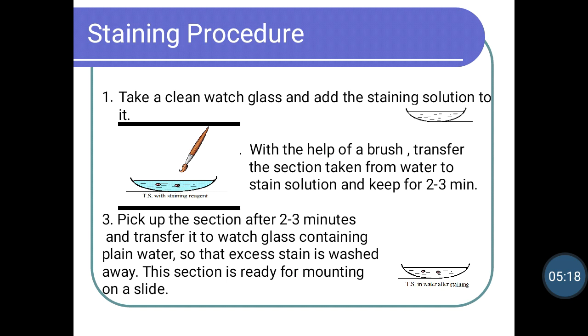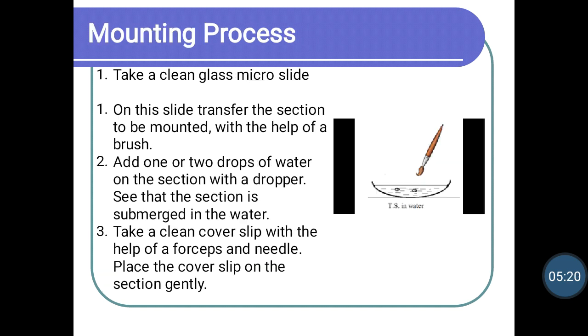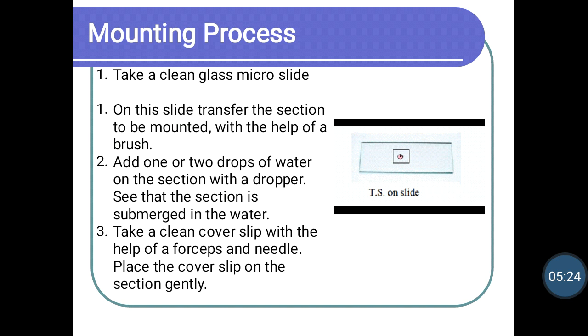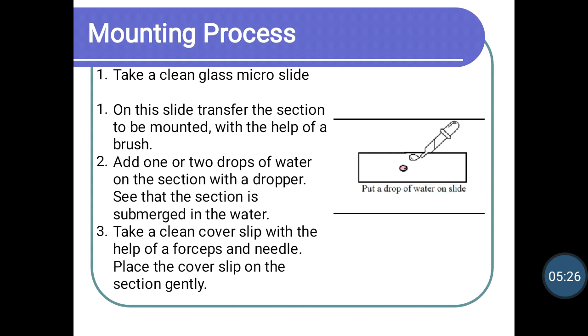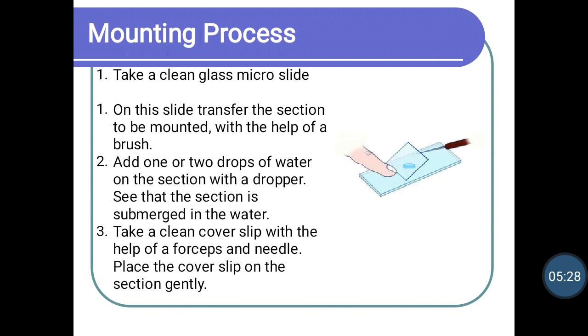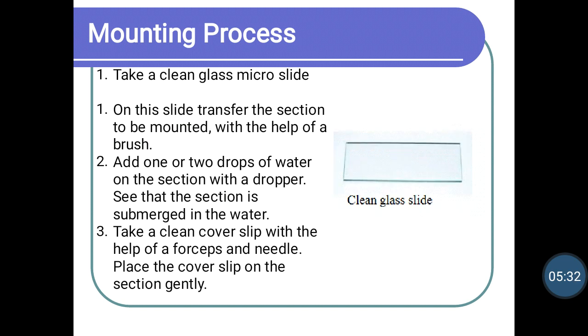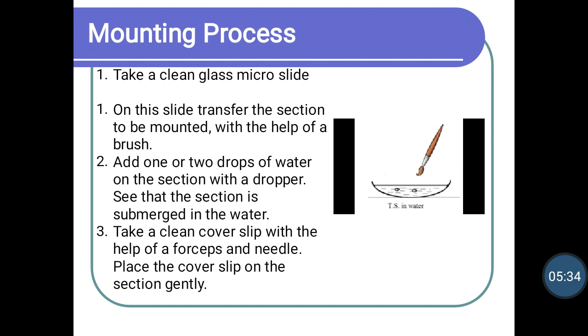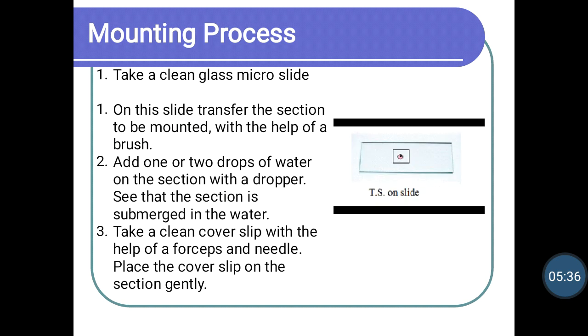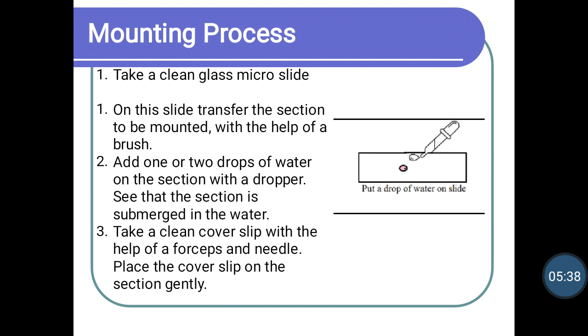So, next one is mounting procedure. In the mounting procedure, when your TS is ready, at that time take a clean glass microslide, then on this slide transfer the section to be mounted with the help of a brush.